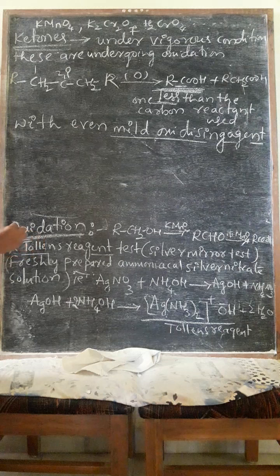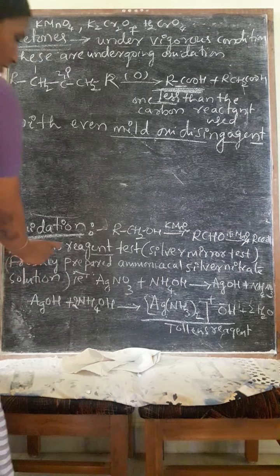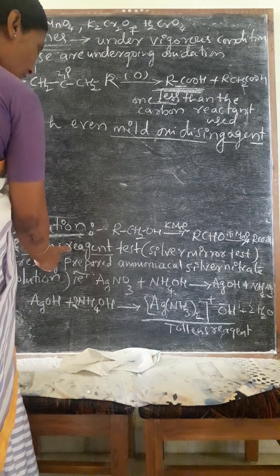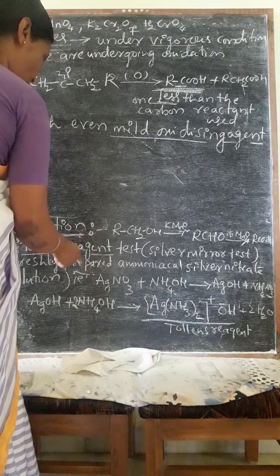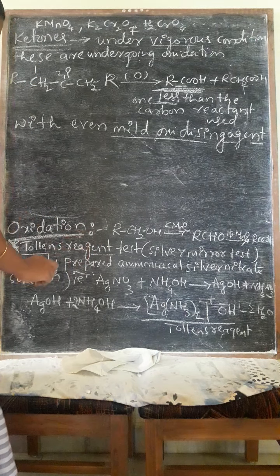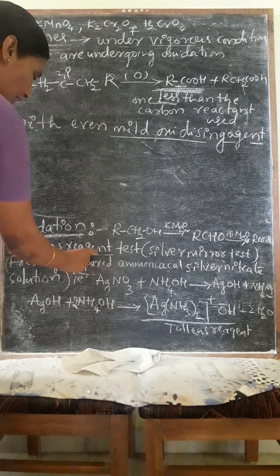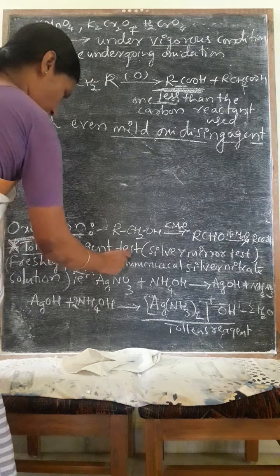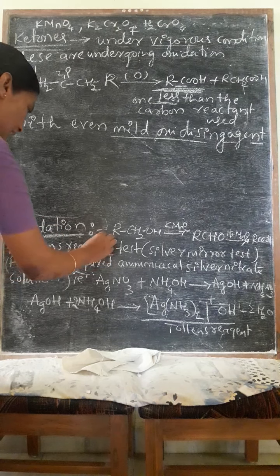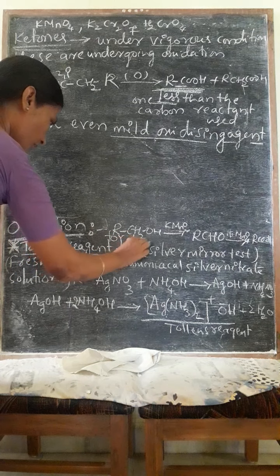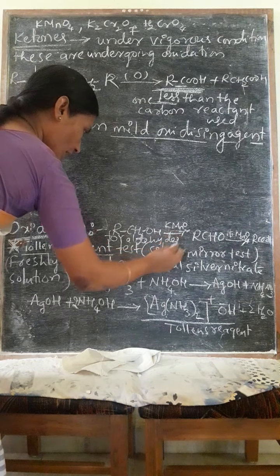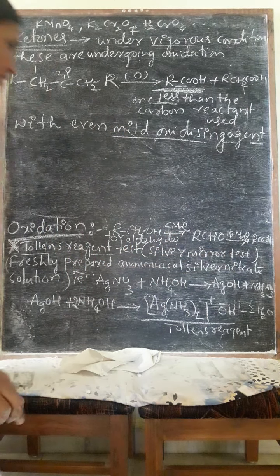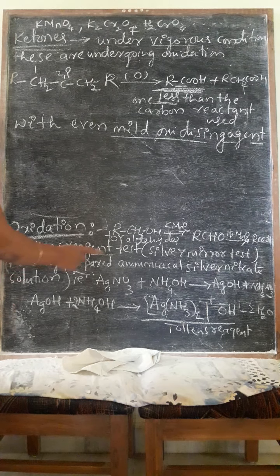I will take one mild oxidizing agent, that is Tollens reagent. Aldehydes undergo oxidation with mild oxidizing agents. The first one is Tollens reagent. The name is Tollens reagent test for aldehydes, or it is also known as the silver mirror test.